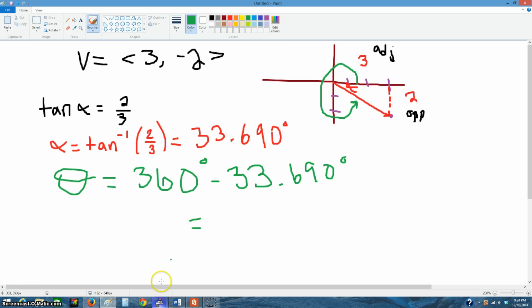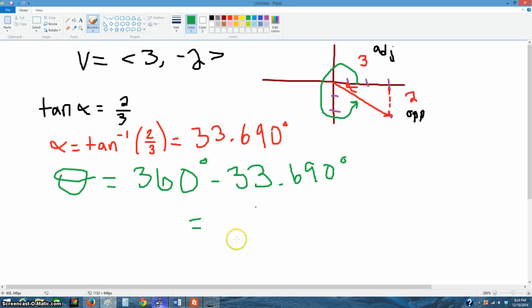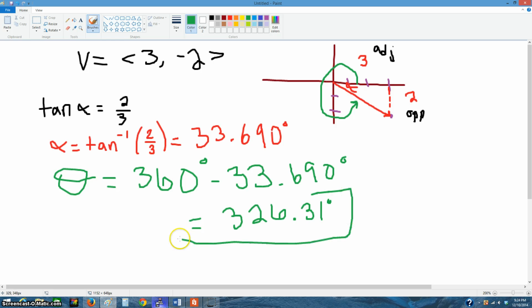So we get theta is equal to 360 minus 33.690, and we get theta is equal to 326.31 degrees. And that is our answer for theta. That's my direction angle.